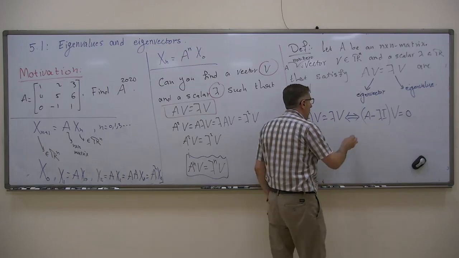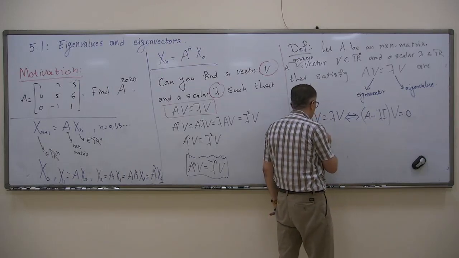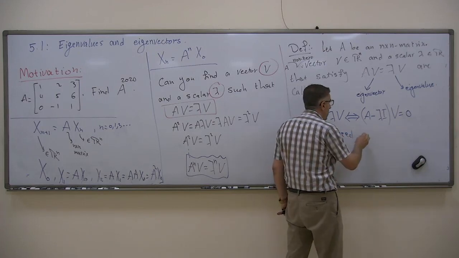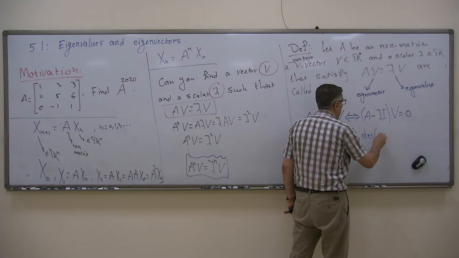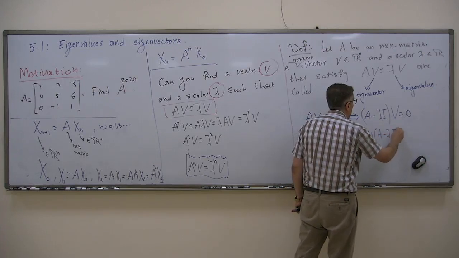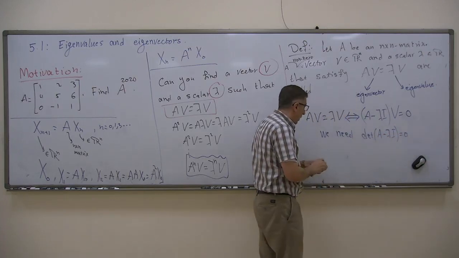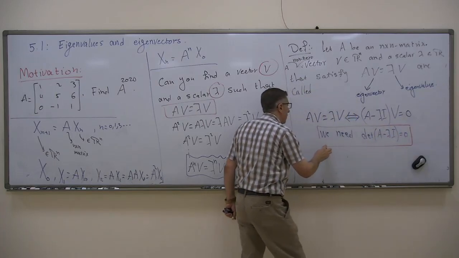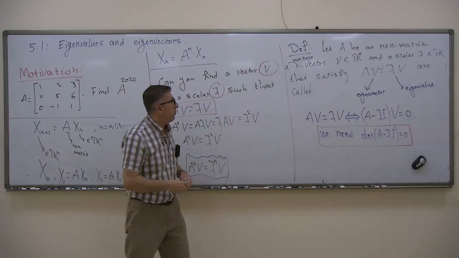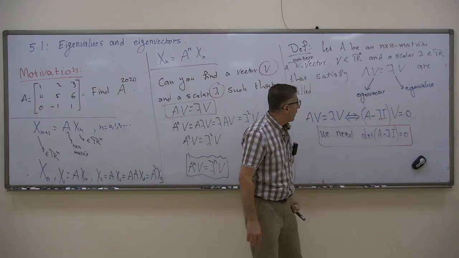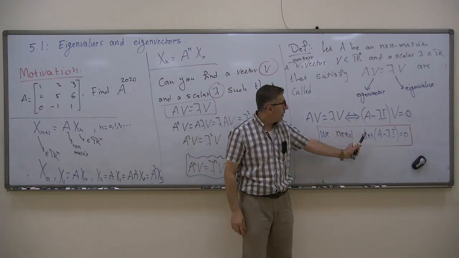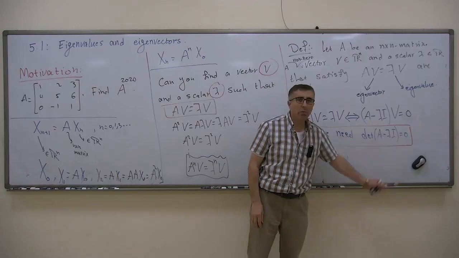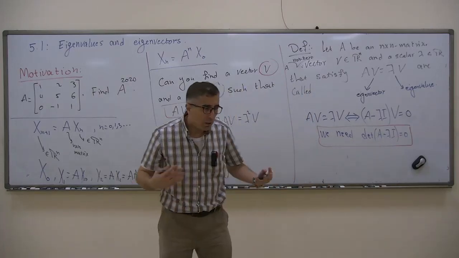Or you can say we need this matrix to have a zero determinant. So basically, to address my question about finding lambda and v, you need to think about the determinant of A minus lambda I. You need the determinant to be 0, and from there you get an equation.